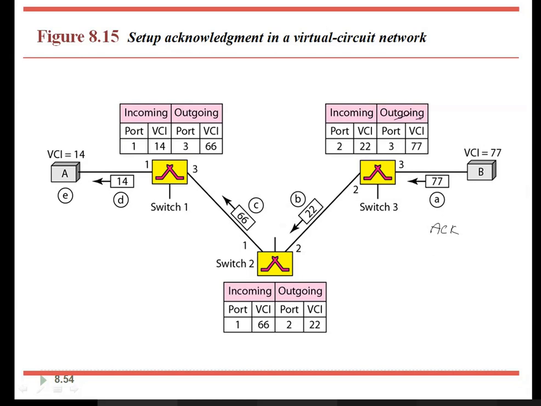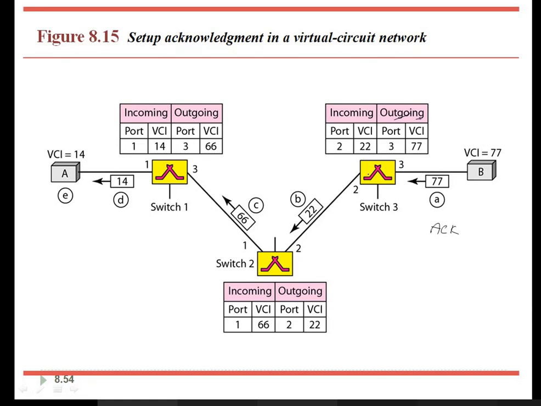So for whatever data is received, the request sent by A, the outgoing VCI should be updated with 77 because of this response, or this acknowledgement from the destination.